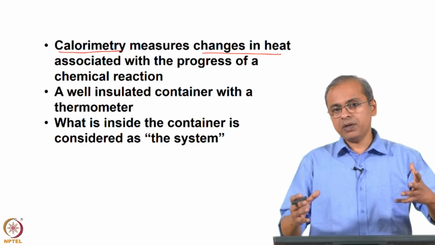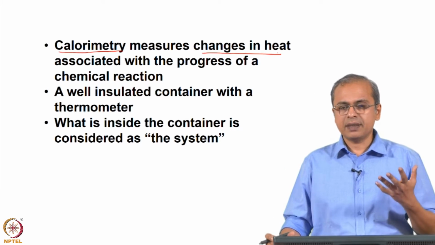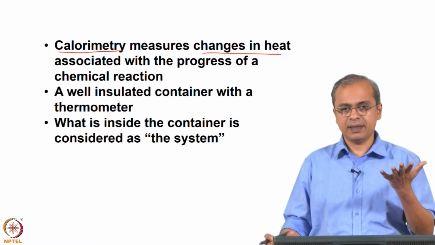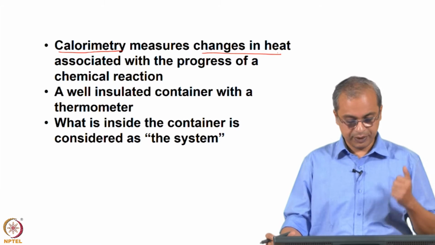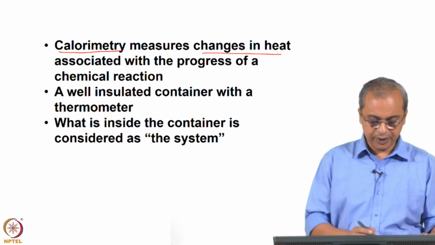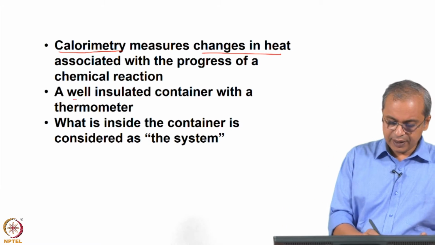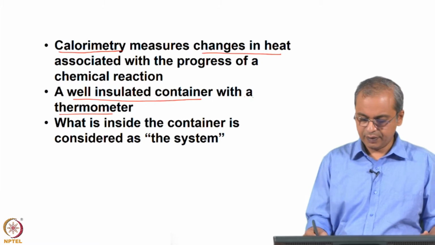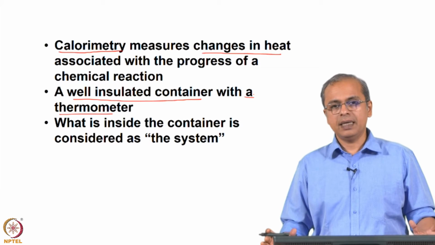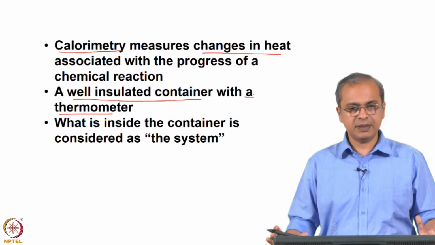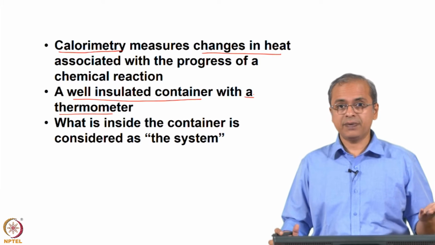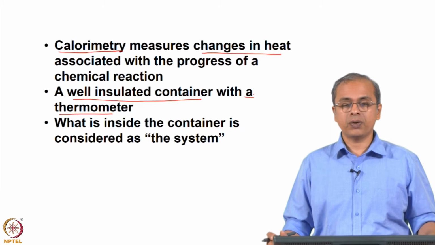So, what is a calorimeter? At some fundamental level, it is primarily a well insulated container of some sort in which there is a thermometer. So, you have a well insulated container and there is a thermometer. This is, at some fundamental level, a calorimeter. You can make inexpensive calorimeters, you can even make one at your home.